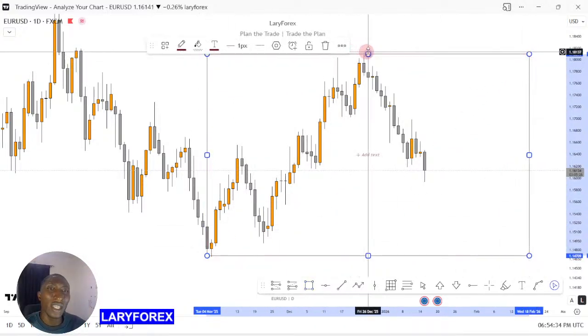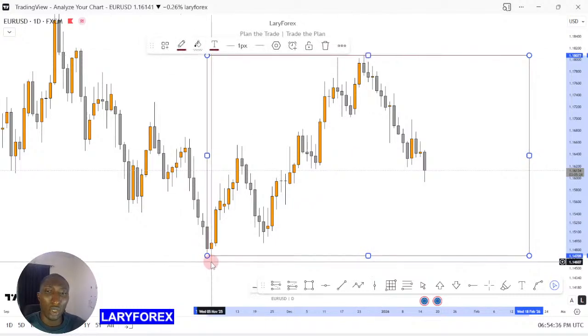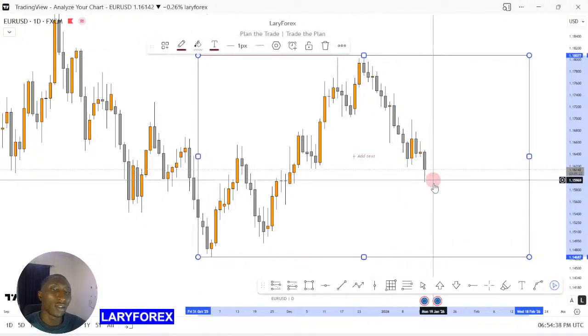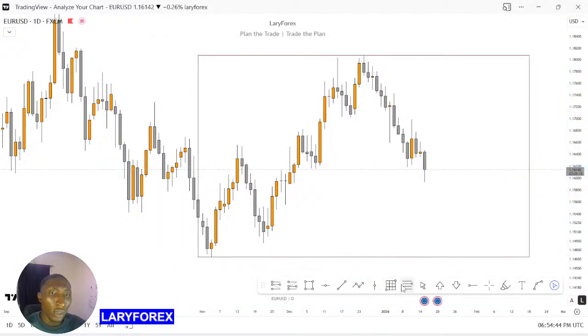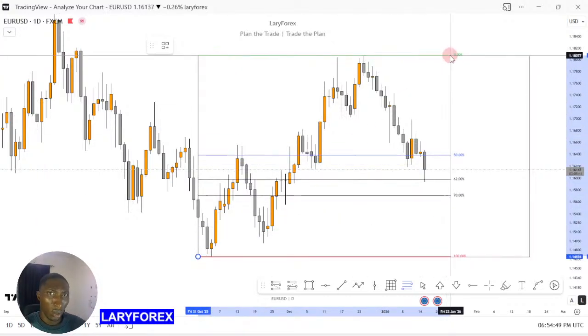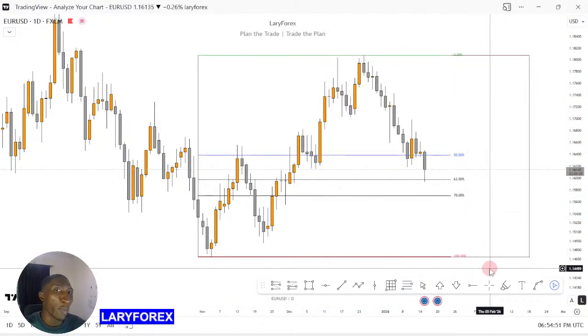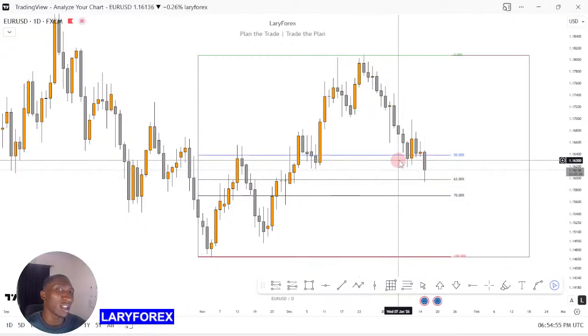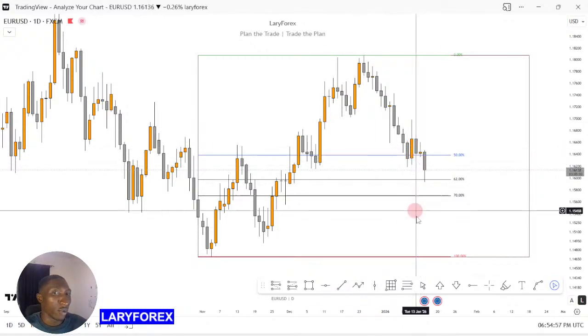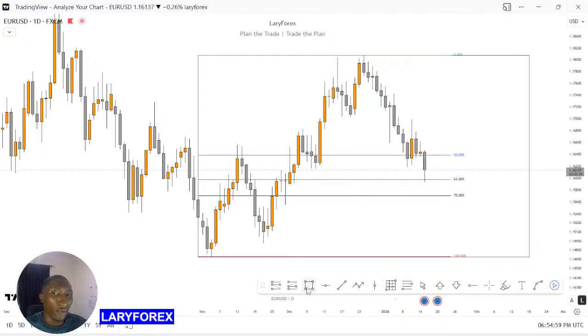Everything inside this structure, for the fact that price is still within this range, we are very much bullish. Now if you take your Fibonacci tool and mark from the swing low to the swing high to know where you are buying from, you will see that price already violates the 50% equilibrium after reacting at that level, coming down to a discount level.